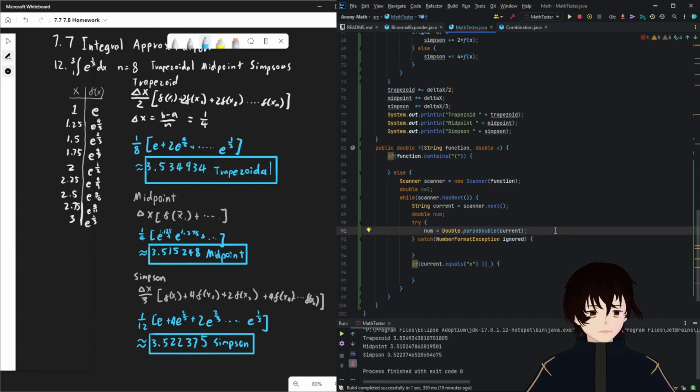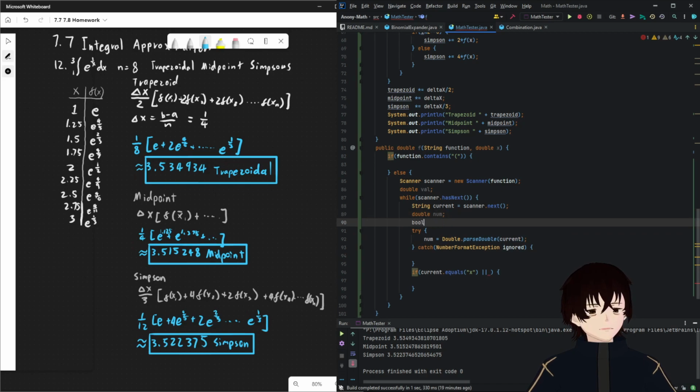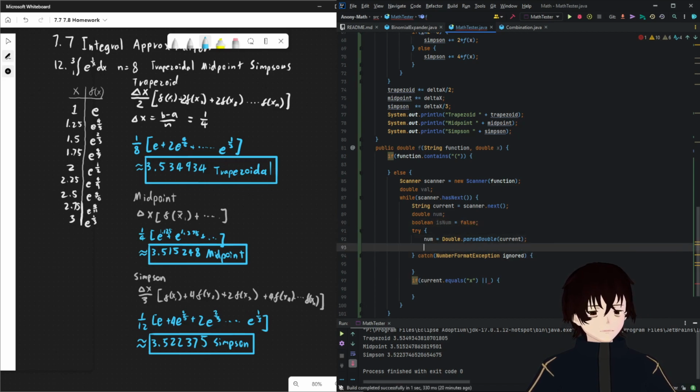Yeah, ignored. This looks nice, doesn't do anything. Parse double. Boolean isNum. Is false. IsNum is true. Oh man.